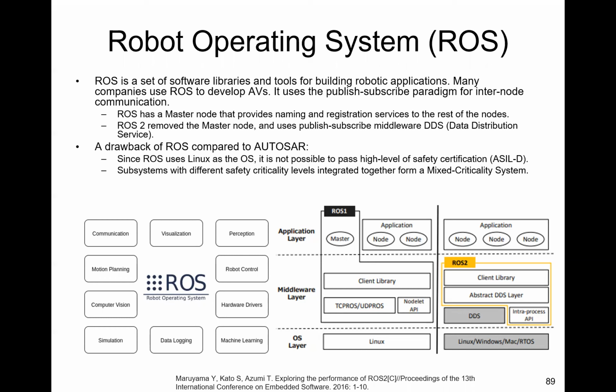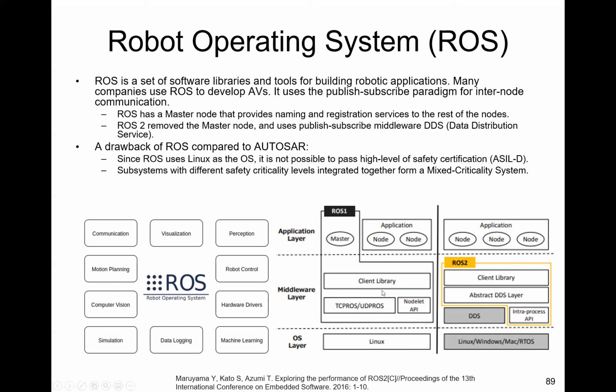ROS 2 removed the master node and uses DDS, data distribution service middleware, for decentralized communication. So ROS relies on Linux as the underlying OS, so it's not possible to pass a high level of safety certification, for example, SOTIF. So subsystems with different safety-critical levels integrated together form a mixed criticality system.